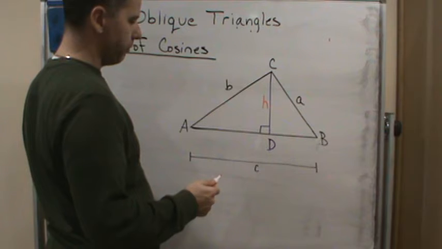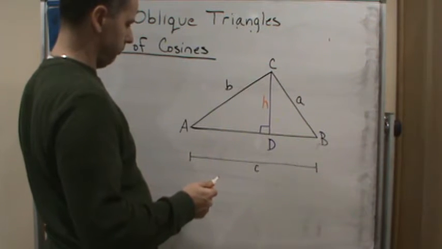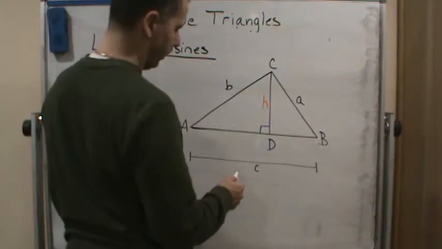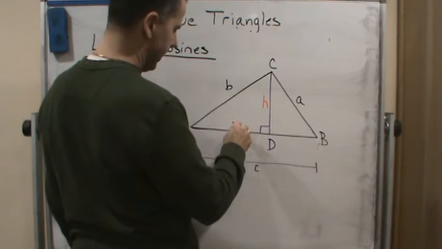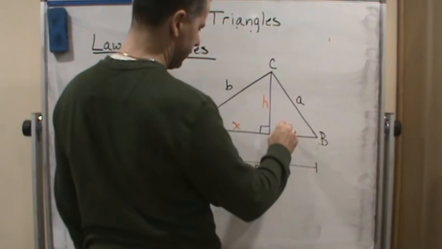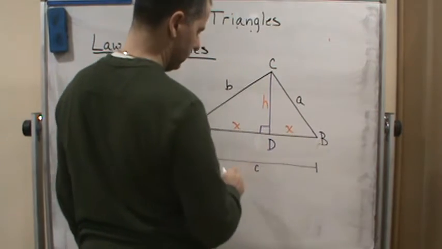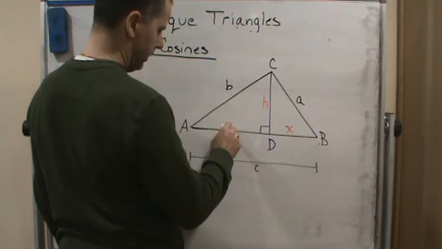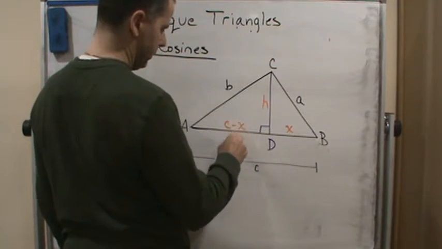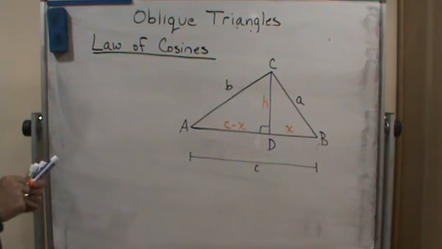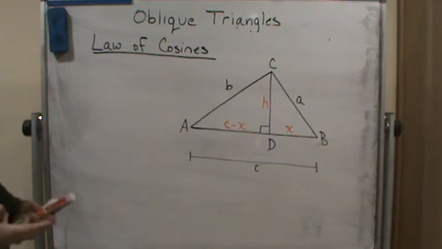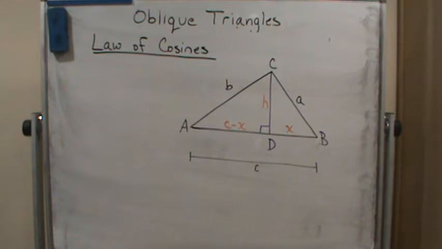It really doesn't matter, but let's call this x, and let's call this c minus x. And so what we're going to do is use the Pythagorean theorem to solve for one of these sides.